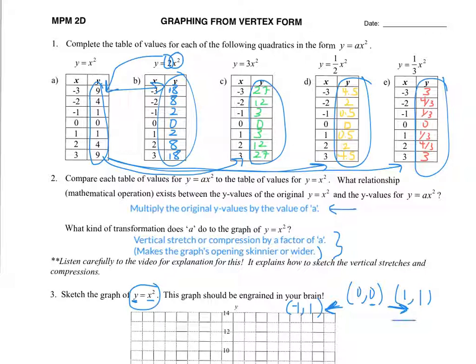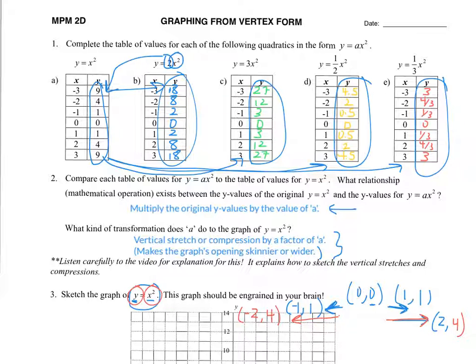And if we move out 2 units to positive 2, y is equal to x squared, so 2 squared would equal 4. So when we move out 2 units from our vertex, we should be going up 4. Likewise in this direction, if we're moving out negative 2, negative 2 squared is still positive 4.